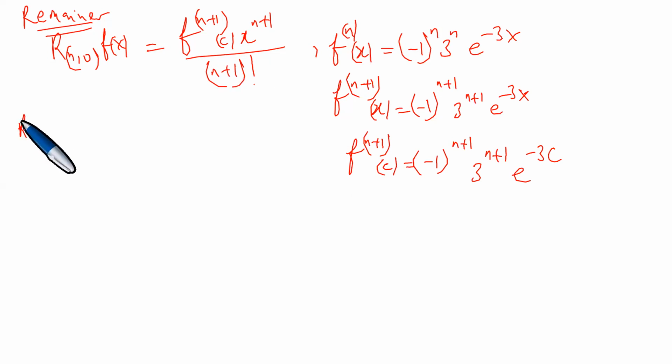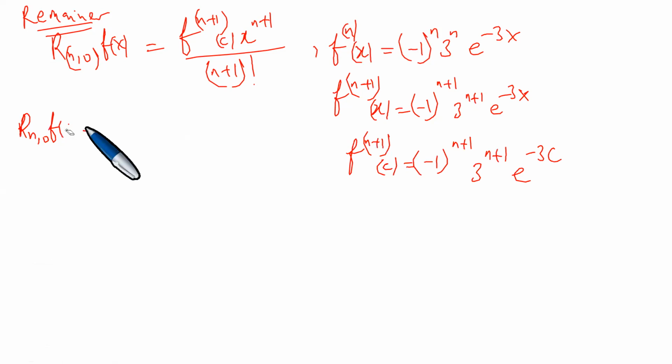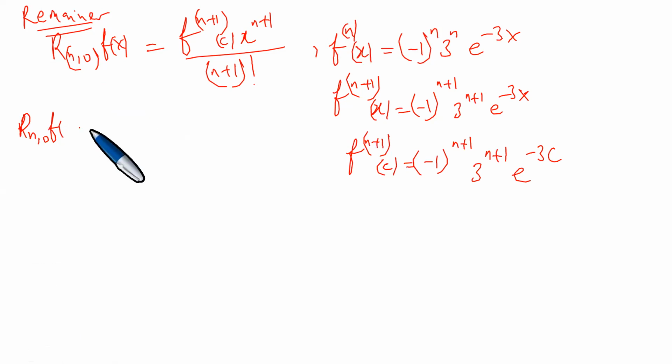We find now the remainder. Okay, so x, which is minus 1 to the power this.